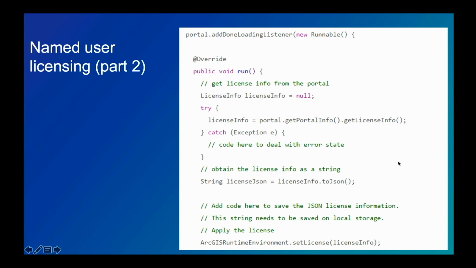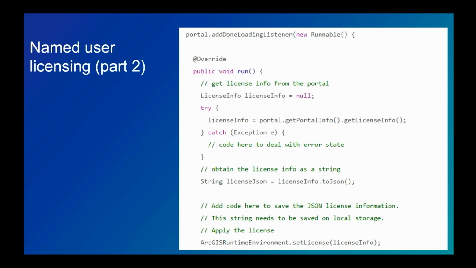Then if we skip down to the very last line of code, I'm using ArcGIS Runtime environment .setLicense to pass in the instance of the class that I've populated from the portal, and that will unlock the capabilities of my application. The license for runtime only use will disappear.